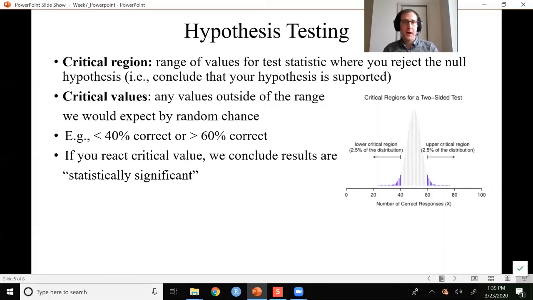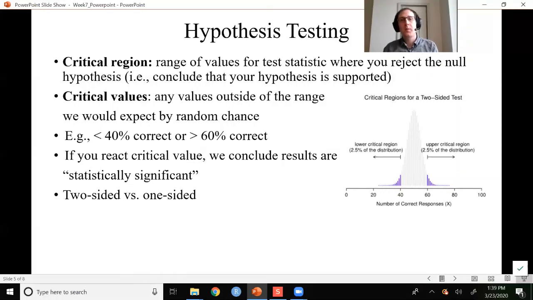Statistically significant is sometimes misunderstood because significant sometimes means big or important, but what it means in hypothesis testing is that if the null hypothesis were true, we would expect that result or more extreme to not happen very often. And so we think maybe there's something other than the null hypothesis going on. And that's really all it means.